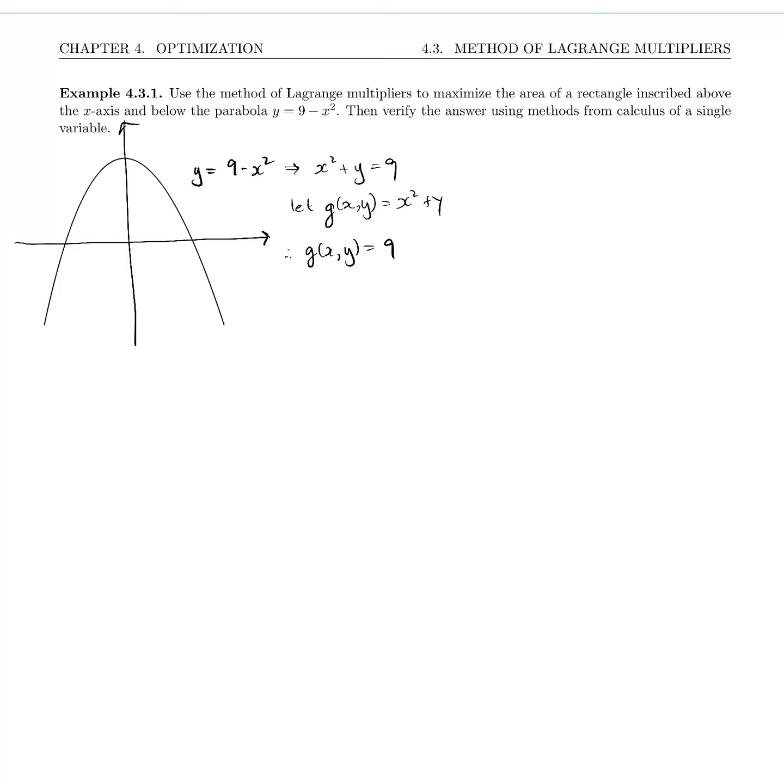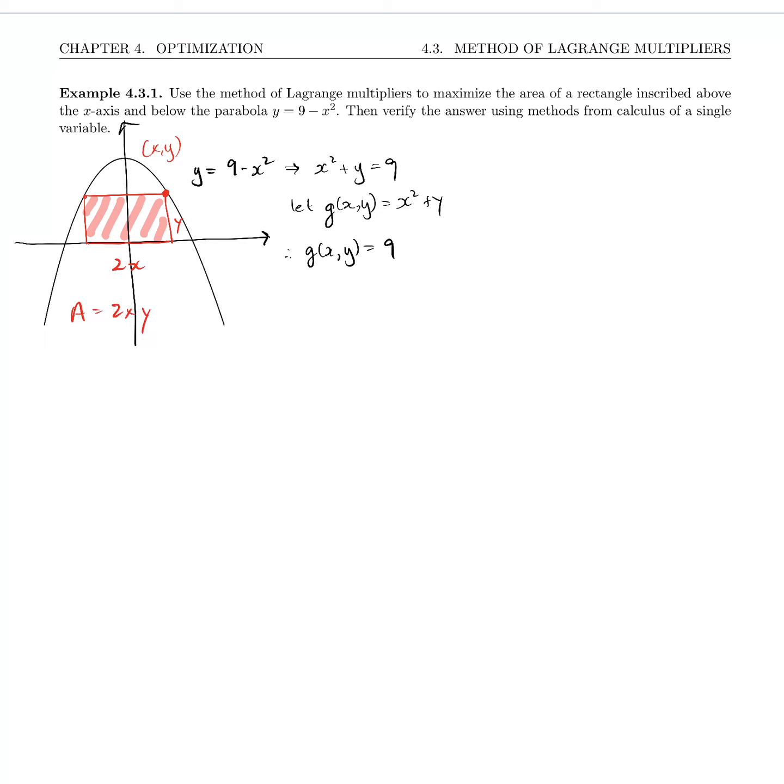Now we are looking to inscribe a rectangle below the parabola and above the x-axis. So here's the rectangle whose area, we take this point x, y, then the length of the rectangle is 2x, the height is y, and so the area is 2x times y.